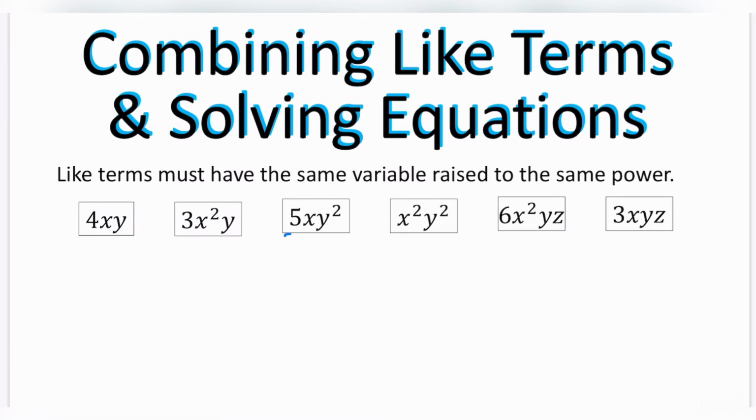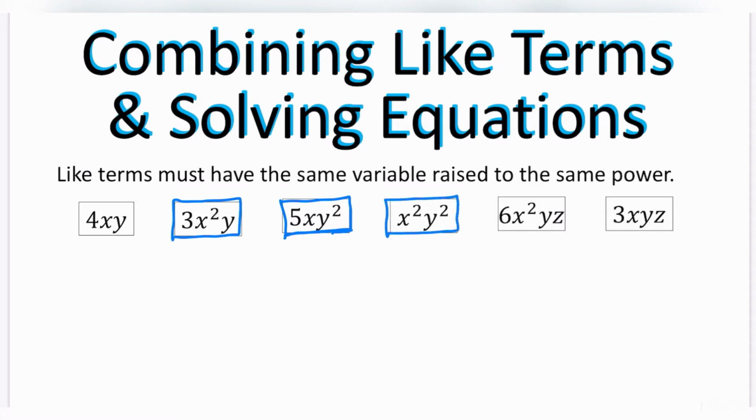The third one, 5xy squared, is also not a like term to the previous two, because 3x squared y has the square with the x, but 5xy squared has the square with the y. So they are not like terms. If I continue down, I have x squared y squared.